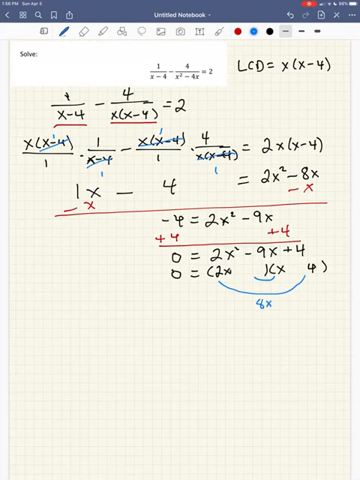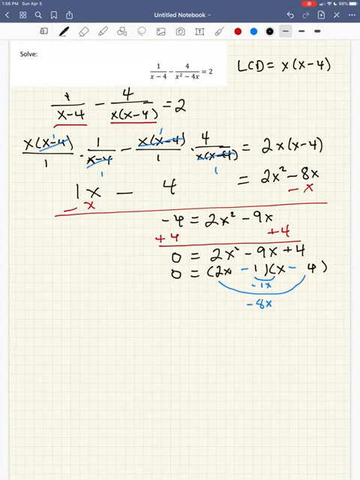And then I notice, well, yeah, 4 times 1, if I multiply 1 times x there, that's going to give me 1x. And if I make those both negative, then that's going to work. That's going to give me the negative 8x and the negative 1x, which will give me the negative 9x up there.